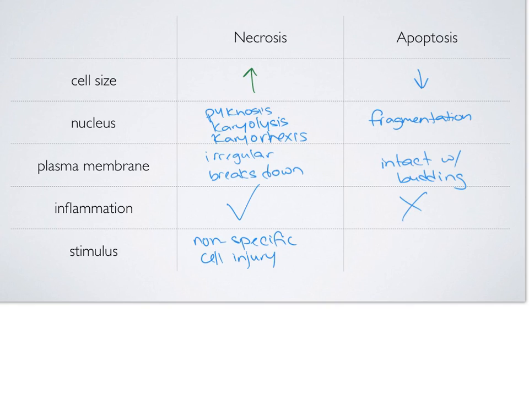Again, I want to stress this idea that I showed you with all of those arrows going all over the place, pretty much any of those biochemical events that lead to membrane damage. So the mechanism is membrane damage.